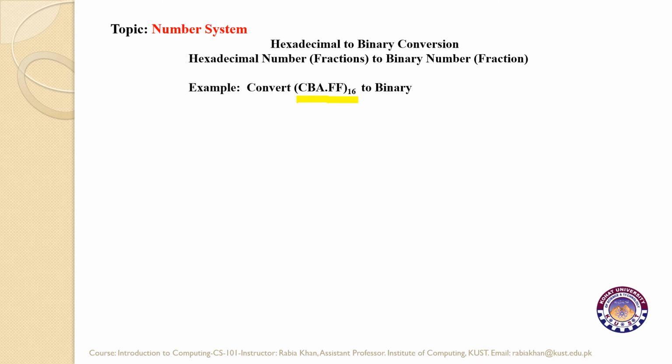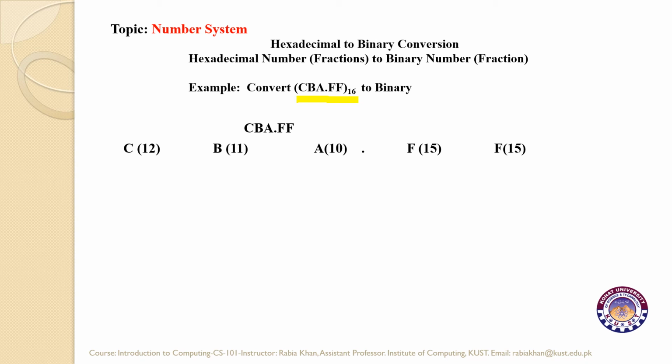The method, as it is clear to you now, is that every individual number within the given hexadecimal number is first split into a group of 4 binary digits. So we need to first write it individually. CBA.FF is the given number and we have to first split them in this way, as we have to treat every digit separately.